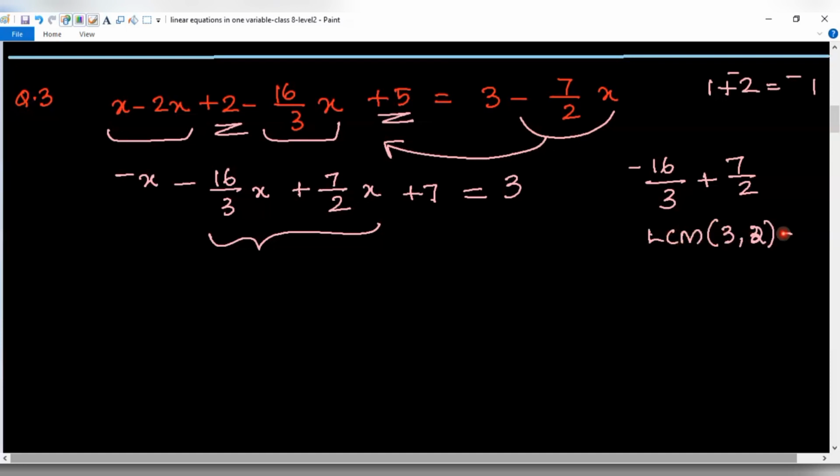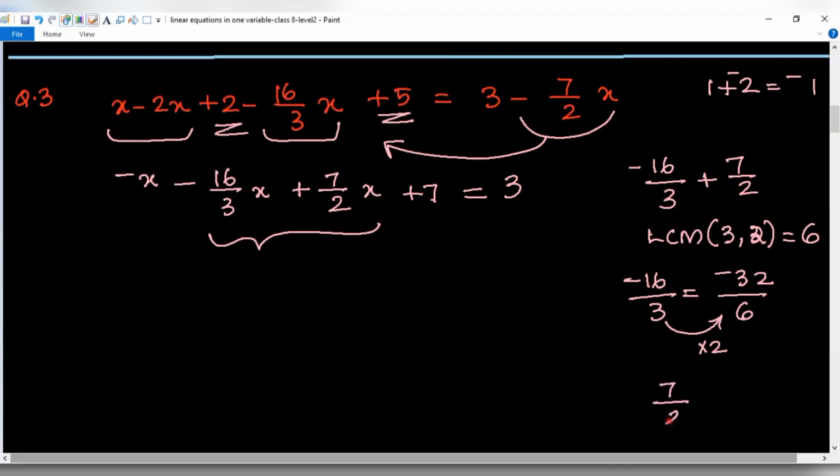We know there are no common factors, so 3 into 2, 6. So for minus 16 by 3, we need the denominator as 6. That means we have multiplied by 2, and the numerator also we have to multiply by 2. So it will become minus 32.